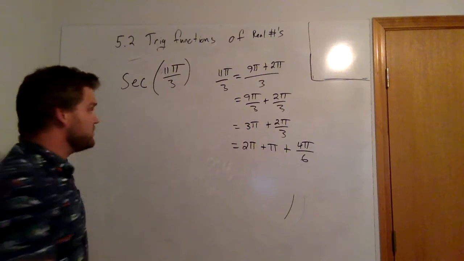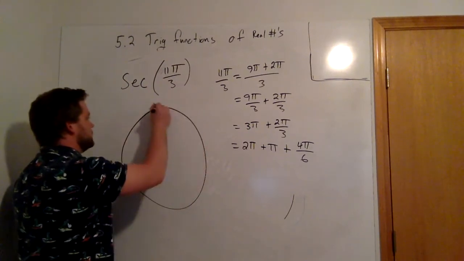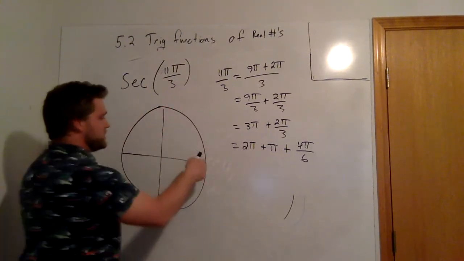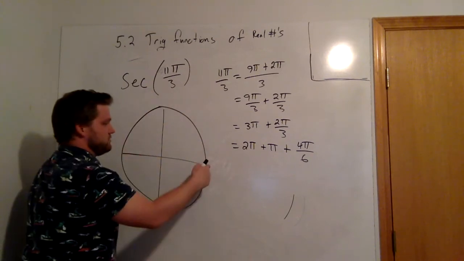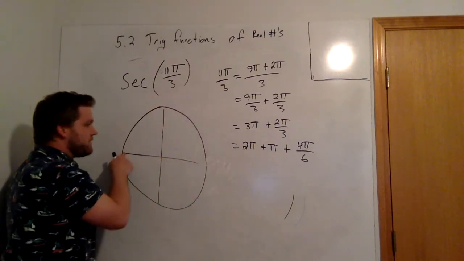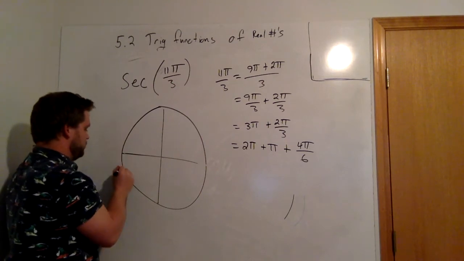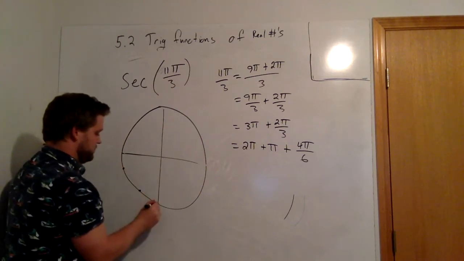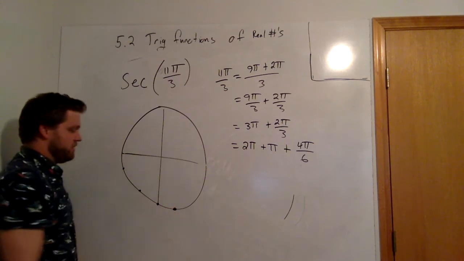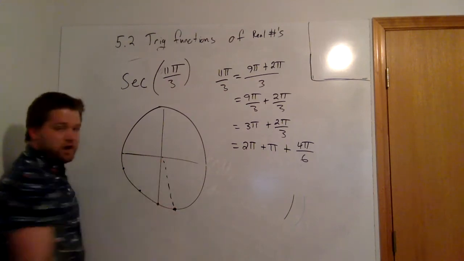So let's figure out where we are on the unit circle. Let's draw the picture. Where are we? Well, I've traveled one whole time around the unit circle, then I've traveled an extra half, and now I need to move 4 increments of pi over 6. So from here, we'll move 1, 2, 3, 4 increments of pi over 6. This is where we are on the unit circle.